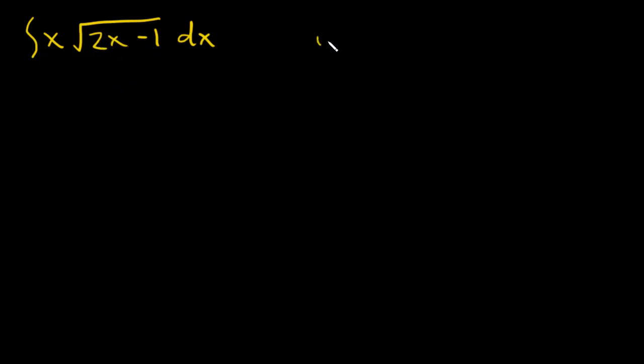But if I make my u equal to 2x minus 1, what's my du? Well, the du is just 2 dx. Does that match anything over here? No, it doesn't. There's not only not a 2 over here, I'd still have this x out in front, because this x is not taken care of as part of my du substitution.